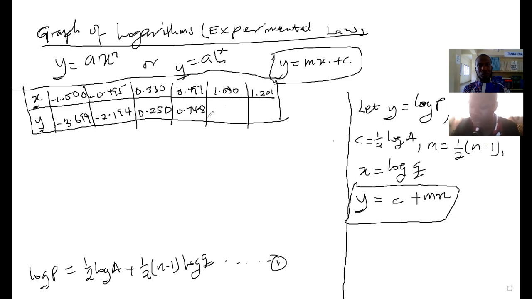And the next one is 2.255. And the last one is 2.851.